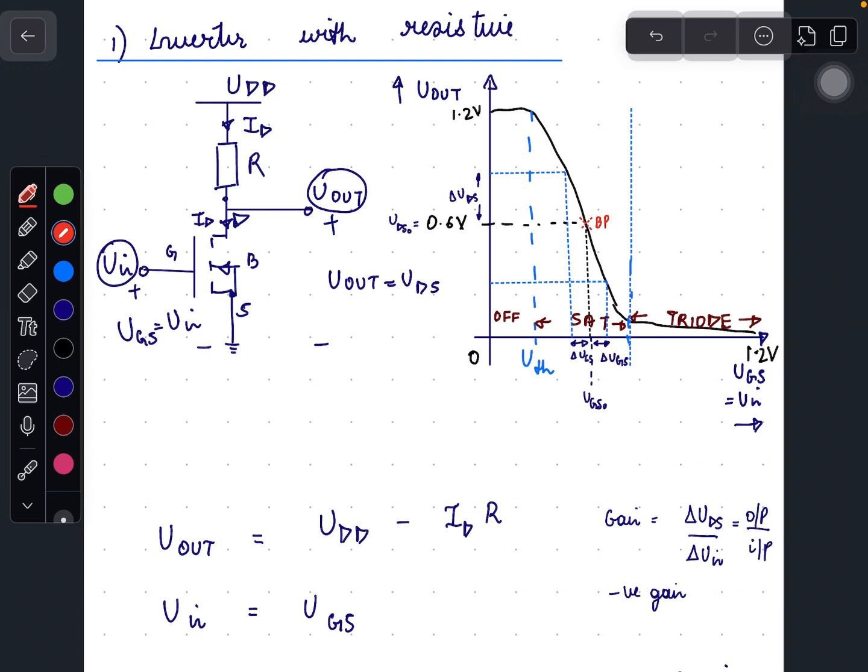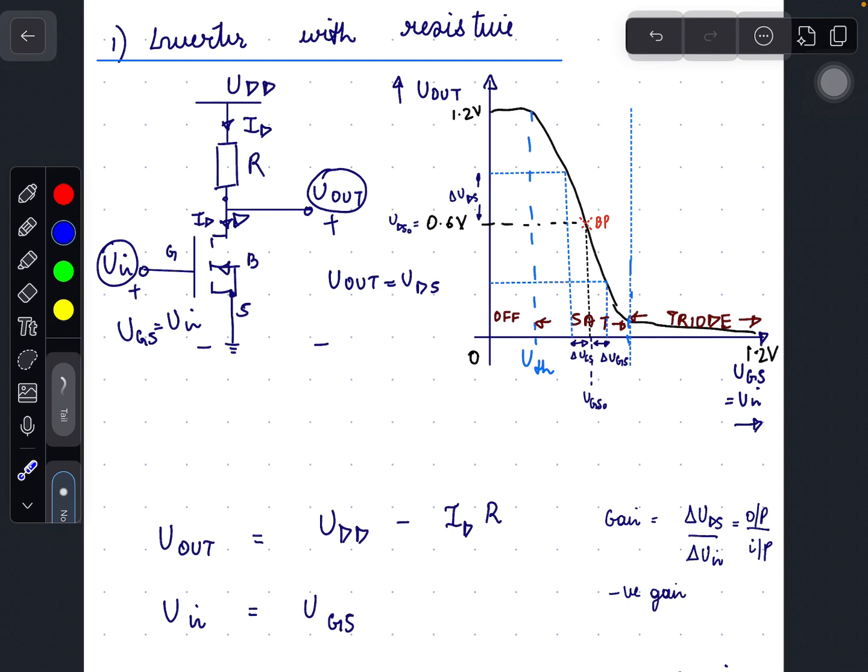Gain of the inverter is given by the output voltage by input voltage, that is the change in output voltage, delta UDS, because of the change in input voltage, delta UGS.